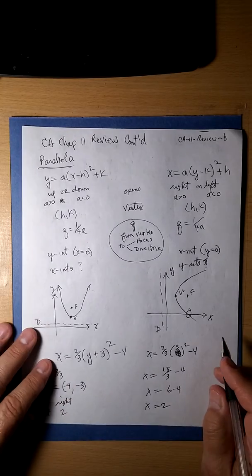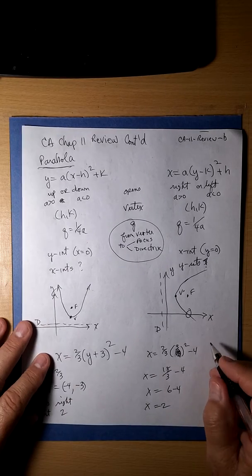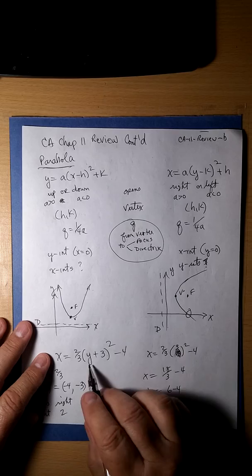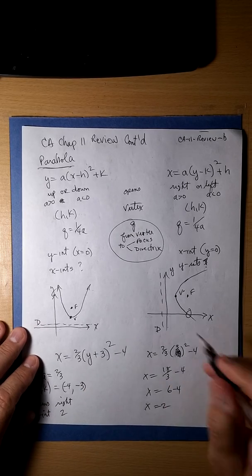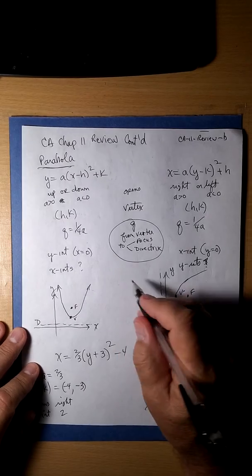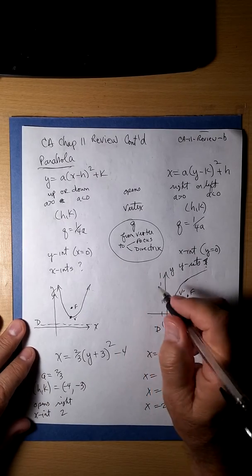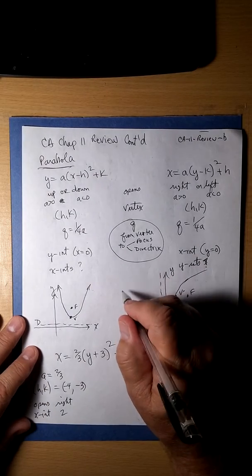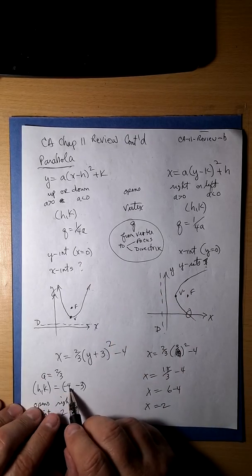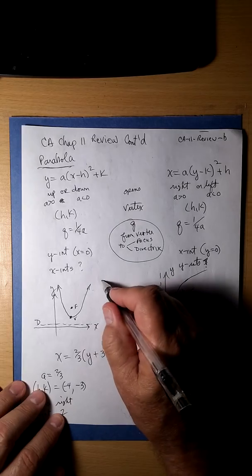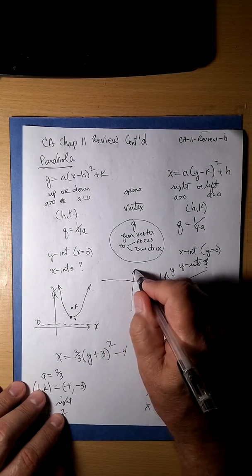The y-intercept is when x equals 0, and we need to multiply this out. But instead of doing that, I'm going to run out of room here, so I'm going to graph this, and we'll see if it's even necessary. It's going to be to the left and down, so I'm going to make my axes follow that.